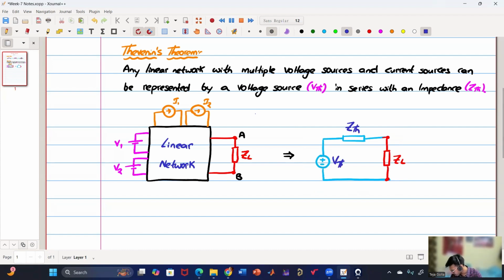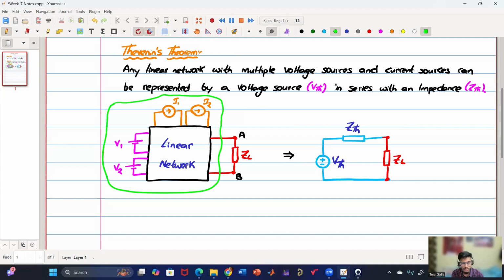So this circuit on the left side, we are just simplifying. Basically, whatever is there here, we are representing into what is there on the right side in the light blue color.